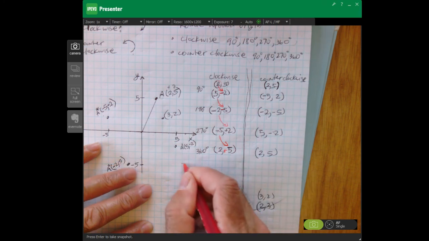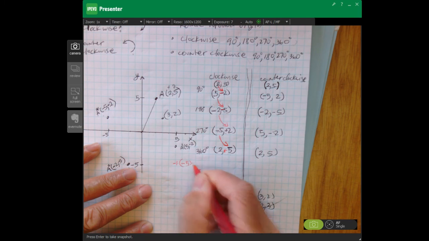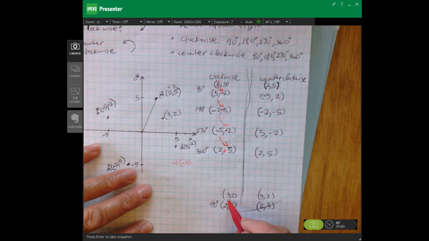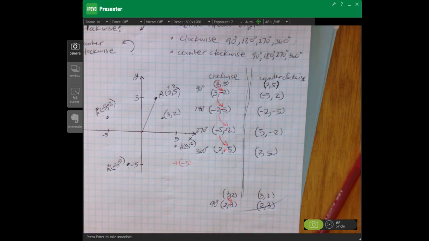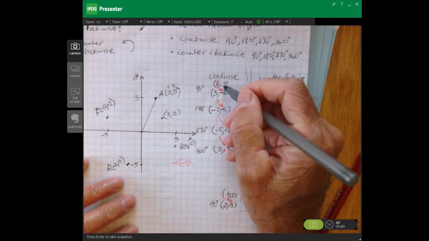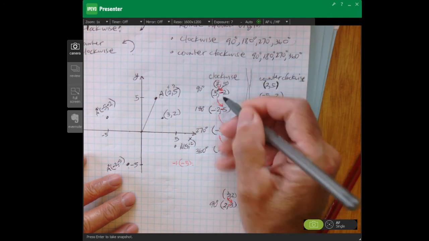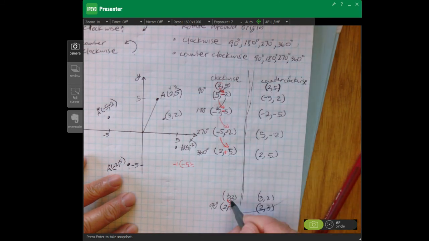Now what's negative 5 times negative 1? It's positive 5, isn't it? So on this one, I'm thinking that's going to change from a 3 to a negative 3. Now, what about these signs? If we go from 5 to 5, that didn't change. Negative 2 to negative 2, it didn't change.